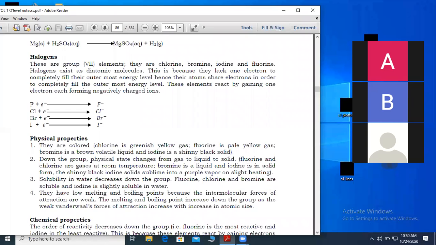Fluorine and chlorine are gases at room temperature. Bromine is a liquid, and iodine is a solid. That is very important for us to note. But we are continuing to say that shiny black iodine solid sublimes into purple vapor on slight heating. I think we remember that iodine sublimes on heating.